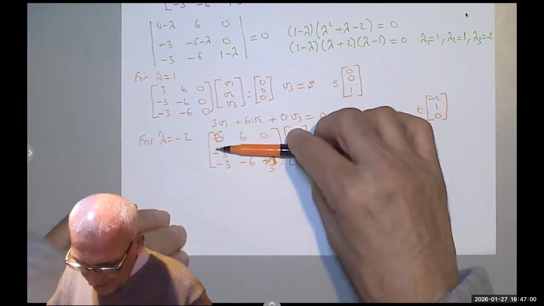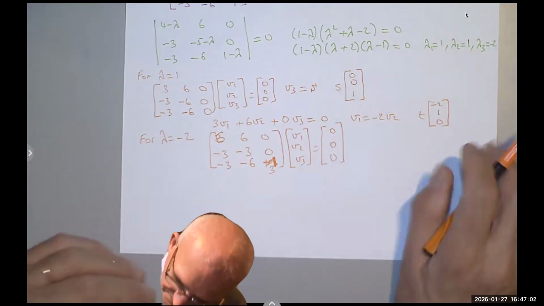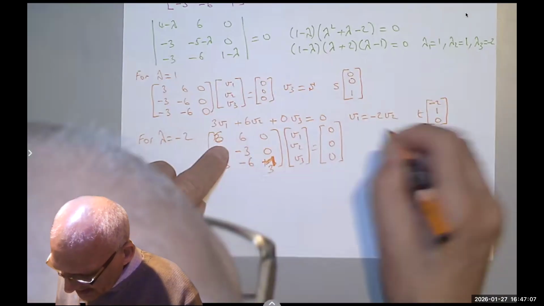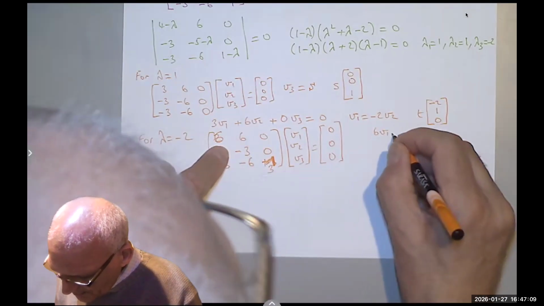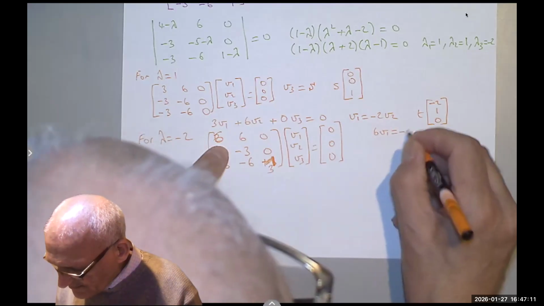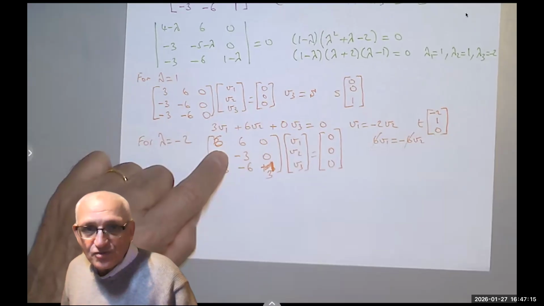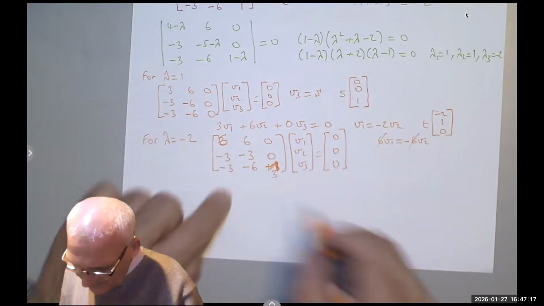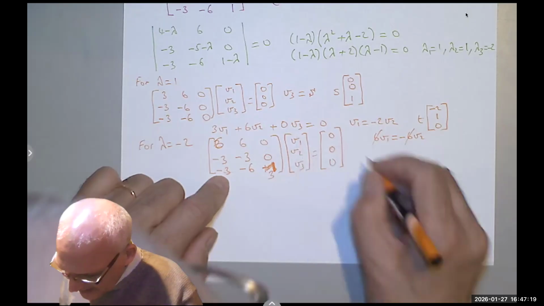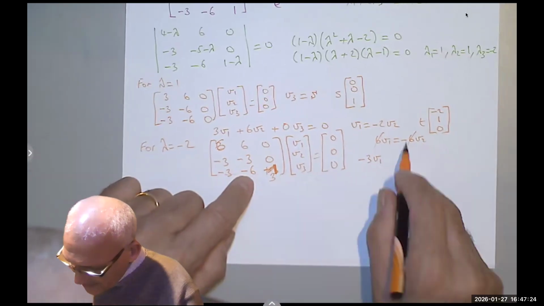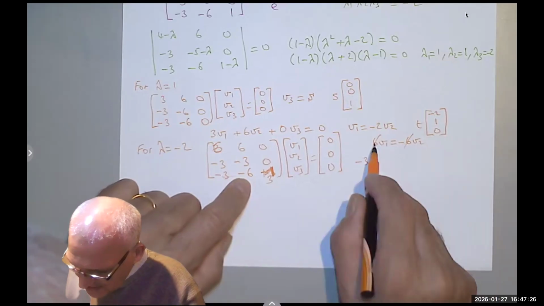Say I have one equation dependent on the other. So from the first, I say 6V1 plus, so I can say equals negative 6V2, right? Meaning V1 equals negative V2. But how about V3? If I write the third equation, I get negative 3V1 minus 6V2, but we saw that minus 6V2 is 6V1.